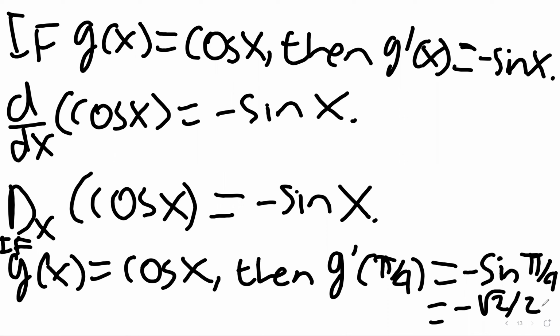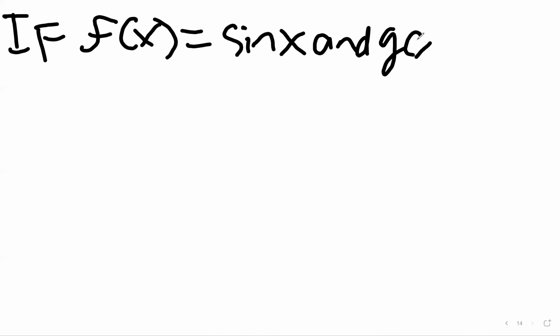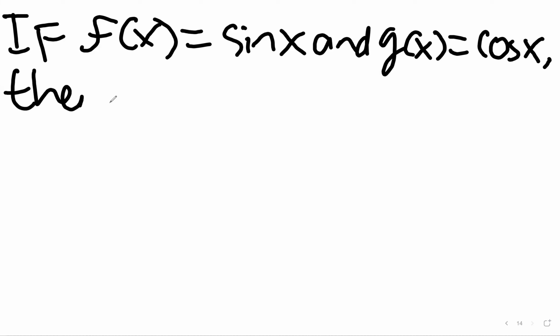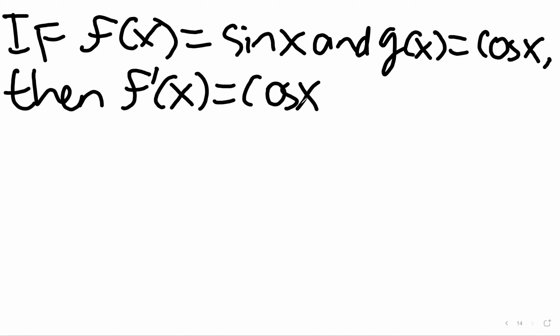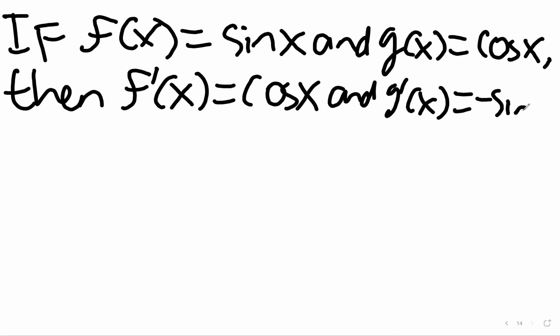Now let us summarize this. If f of x equals sine of x and g of x equals cosine of x, then f prime of x equals cosine of x and g prime of x equals minus sine of x.